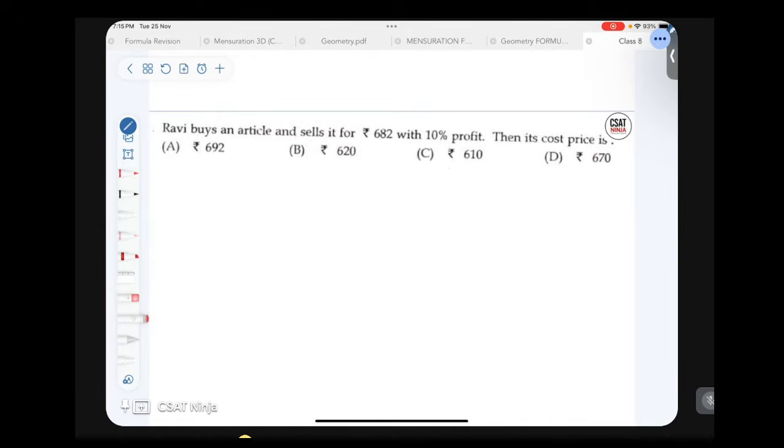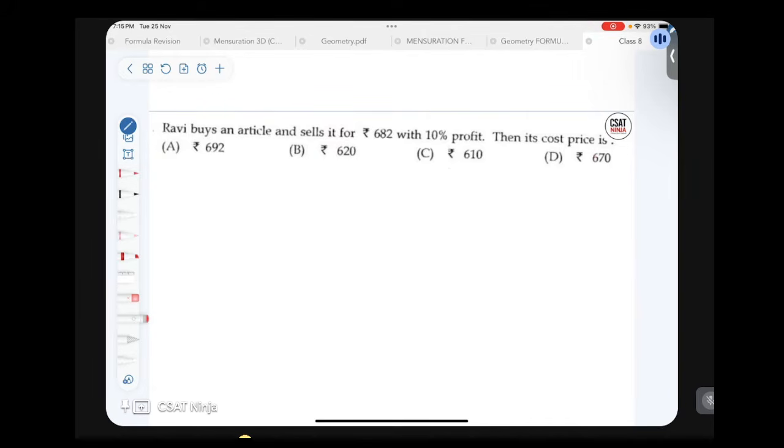The question says: Ravi buys an article and sells it for 682 rupees with 10% profit. Then its cost price is? We are asked to find the cost price. If you approach this question with a formula, there is a formula we're going to discuss later. But without a formula, also we can approach this very easily from the percentage perspective.